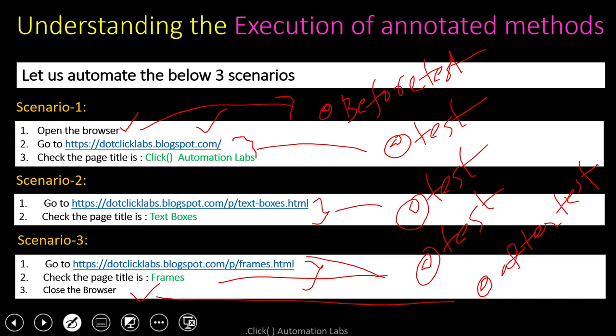If I don't use it, then I have to create three web browser instances: first open the browser, do this task, and close the browser; again open the browser, do this task, close the browser. But now I'm opening it only one time, doing test 1, test 2, test 3, and then closing the browser. So let us achieve this.